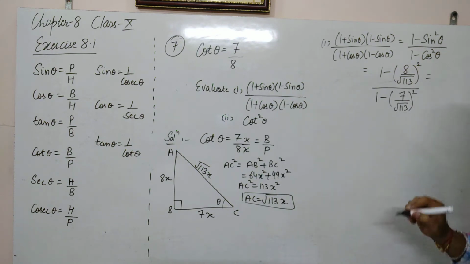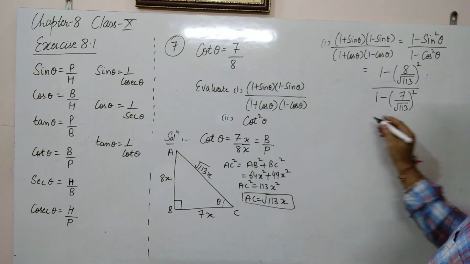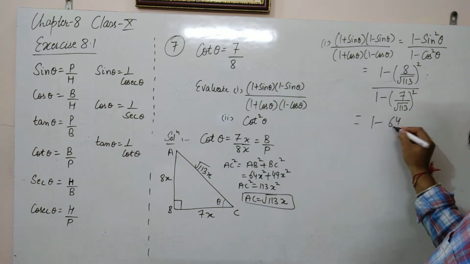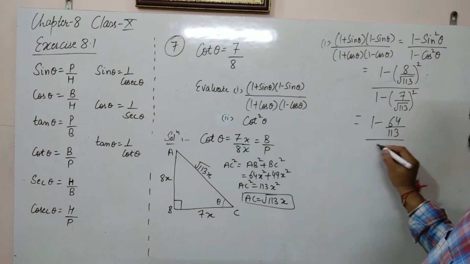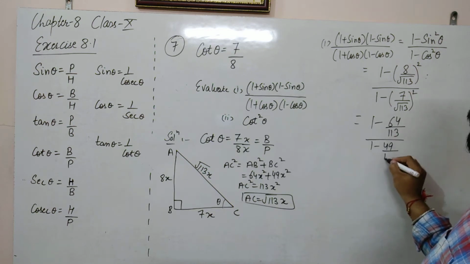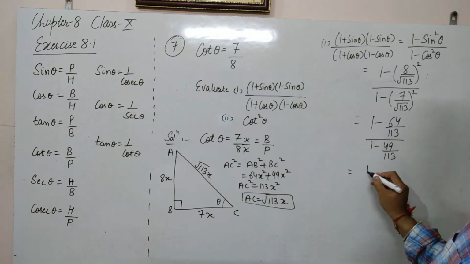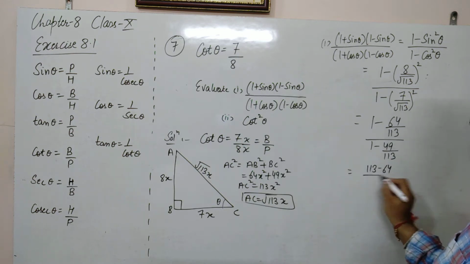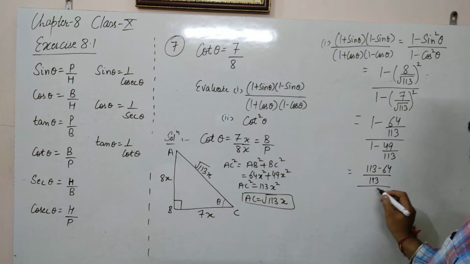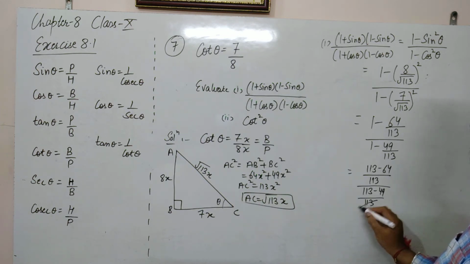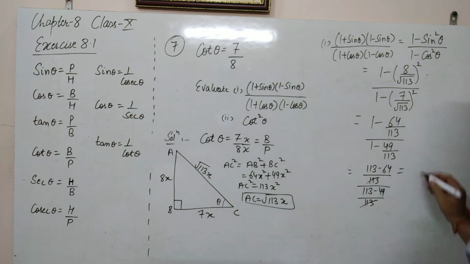So this will be 1 minus 64 upon 113, 1 minus 49 upon 113. So this will be 113 minus 64 upon 113 and 113 minus 49 upon 113. This will cancel out. This will be equal to 49 upon 64. So this is the first part.